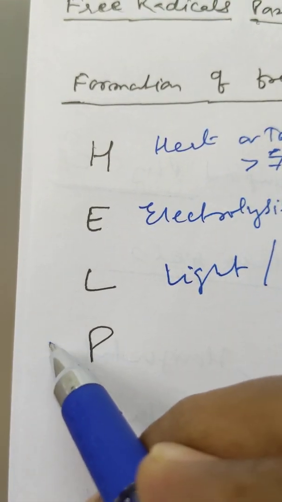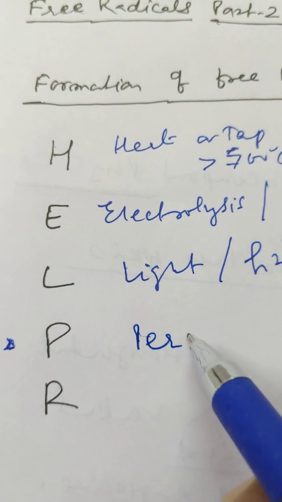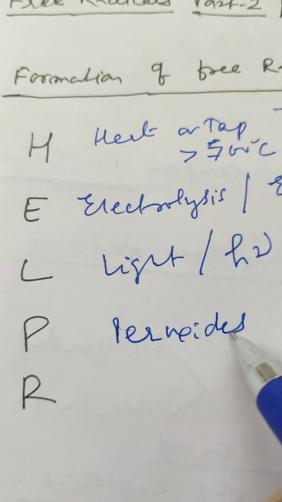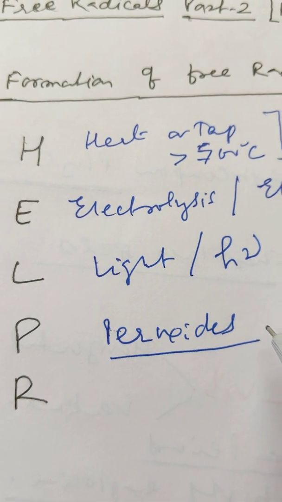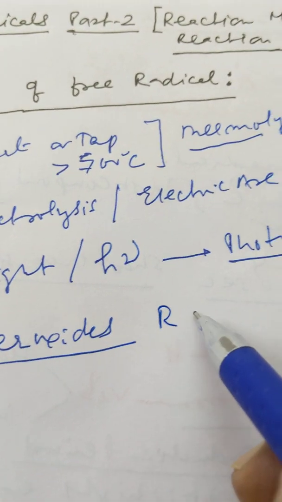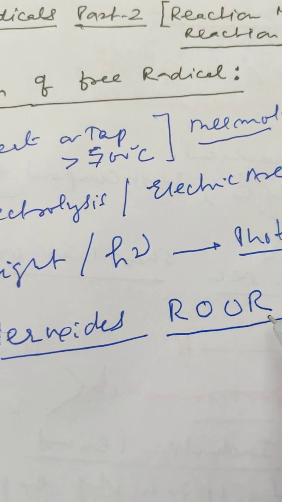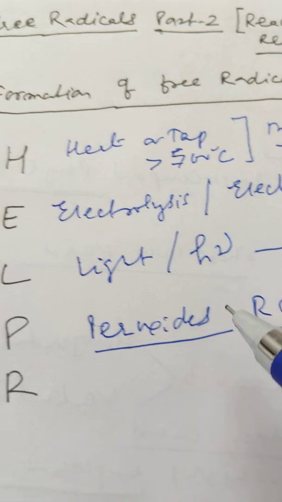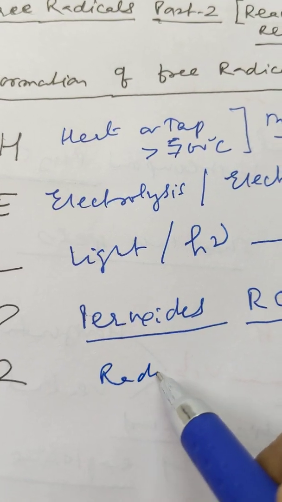Then, very important, in many reactions it is formed by the presence of peroxides. I'll explain you, I'll take examples of each and every type. Peroxide is very essential condition for many reactions. We write like this, that this is a peroxide we have taken, and in presence of peroxide a free radical is formed. R means radical itself.